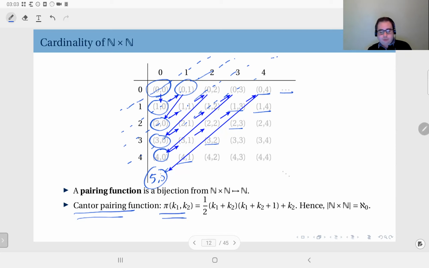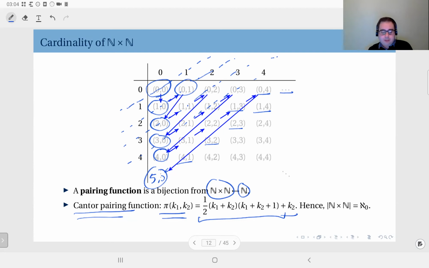The input is, of course, an ordered pair because the domain is the Cartesian product, and the output is a natural number. And the expression is here: (k1, k2) is the ordered pair, and if you apply this, you are going to get a natural number.